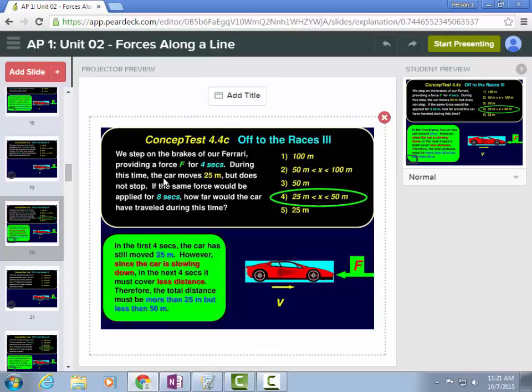So let's subtract these two. What do you get? Yes. So, notice what happens to the 1/2 at squareds? They drop. And so this is equal to VI1 minus VI2 times t.